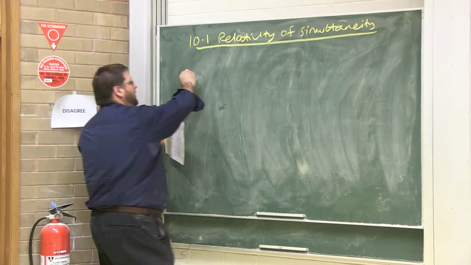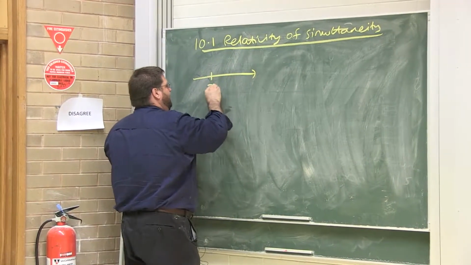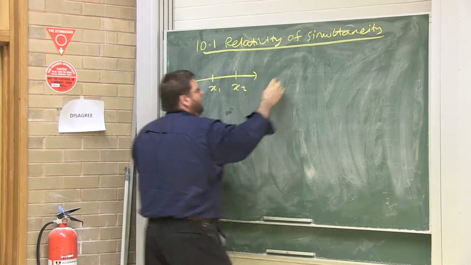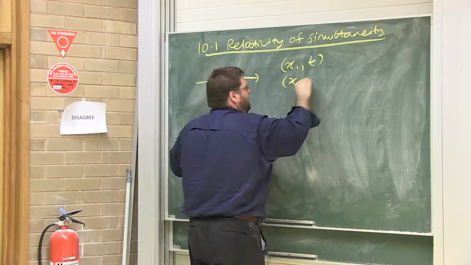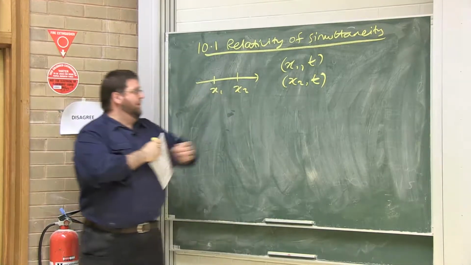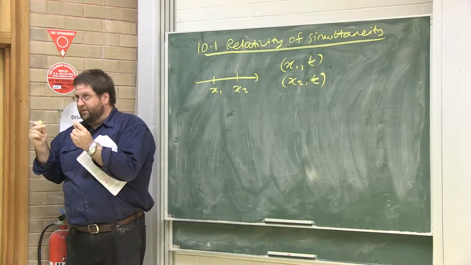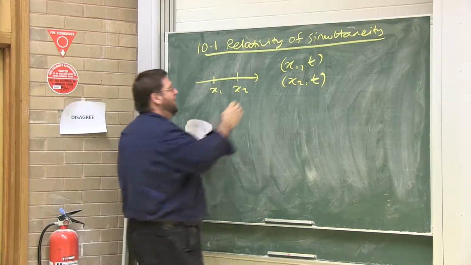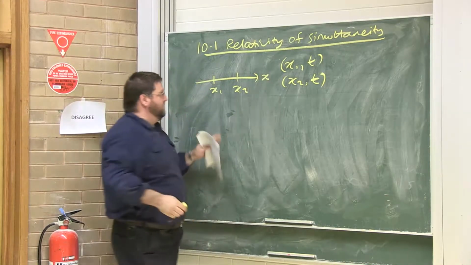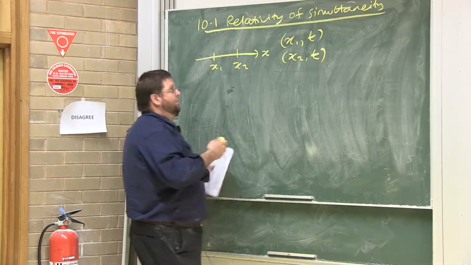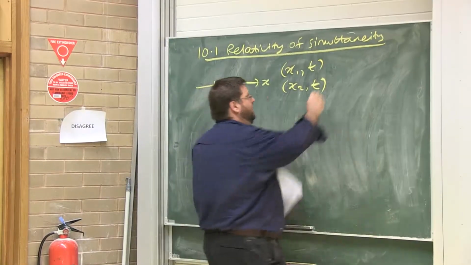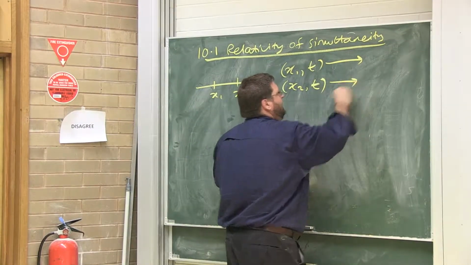So according to S, we're going to have 2 events which happen at x1, t and x2, t respectively. So this is a pair of clicks which happen simultaneously according to frame S. And this is the x-axis of frame S. And the question is, what happens when you Lorentz transform to frame S prime?